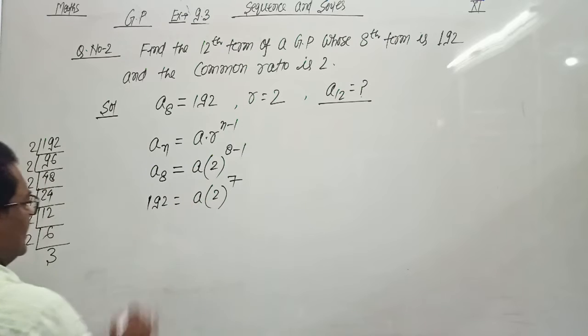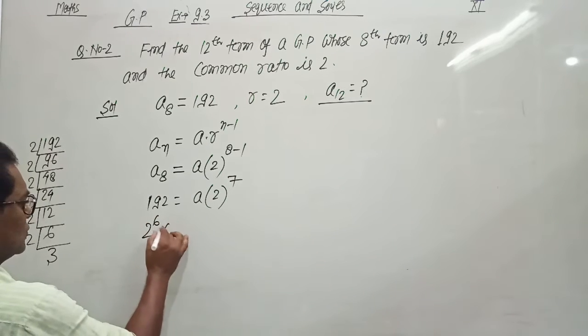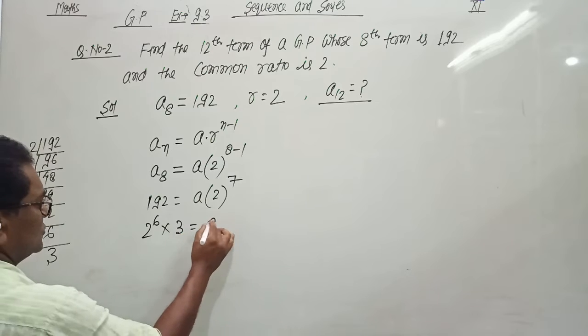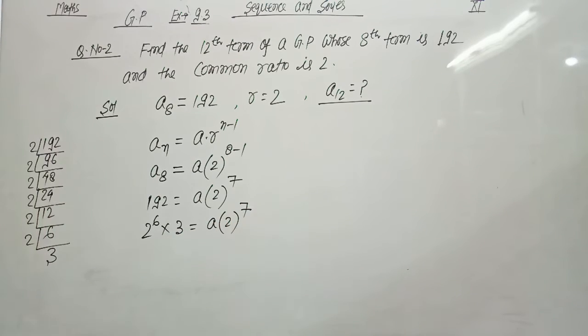So 192 is written as 2 raised to the power 6 into 3 equals a into 2 raised to the power 7.